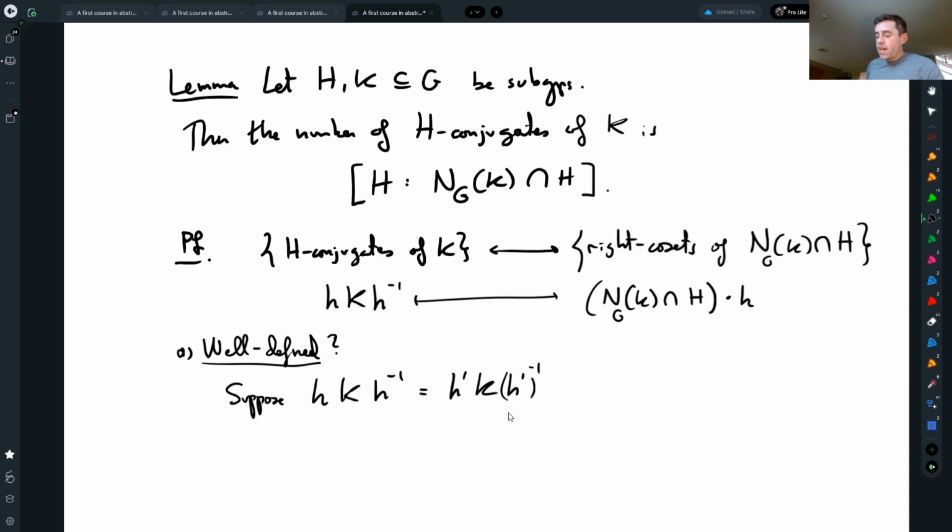So if I have the same conjugate but given by two different h's, so for h and h prime in H, I want to make sure that the cosets are the same on the right-hand side.